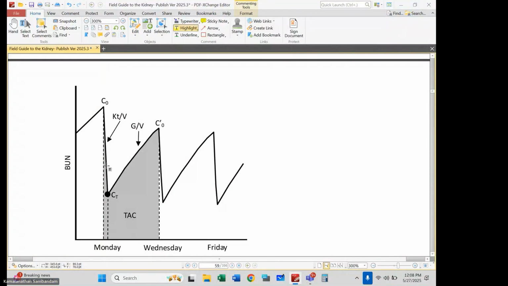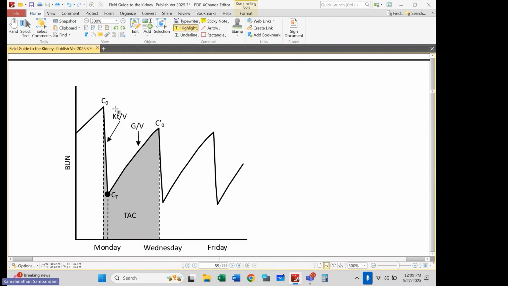During the course of dialysis, that abruptly drops. The degree of drop can be quantified, or is related to, the dialysis dose, expressed as KT over V.